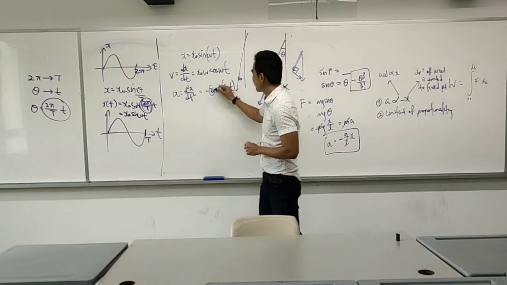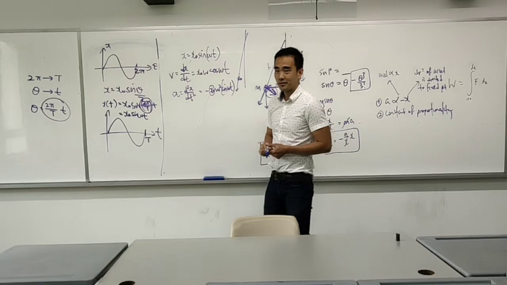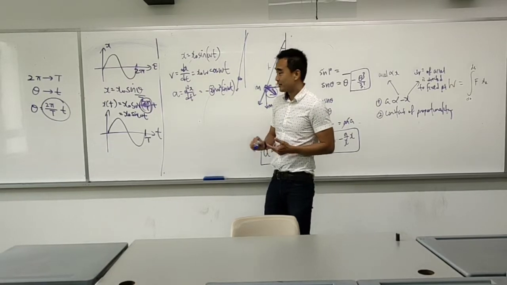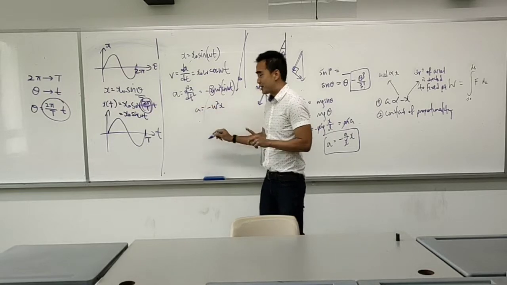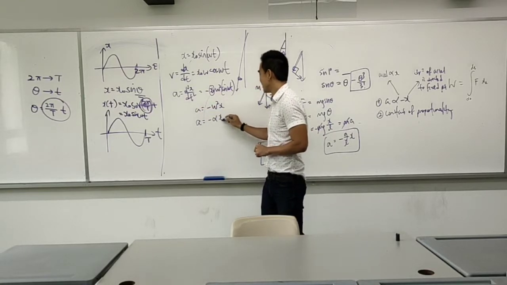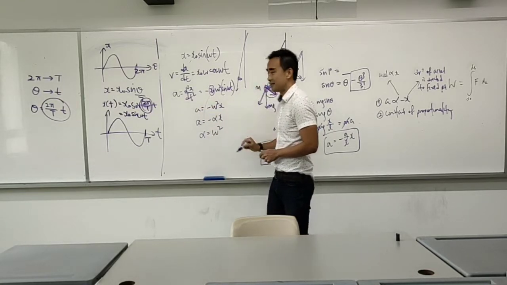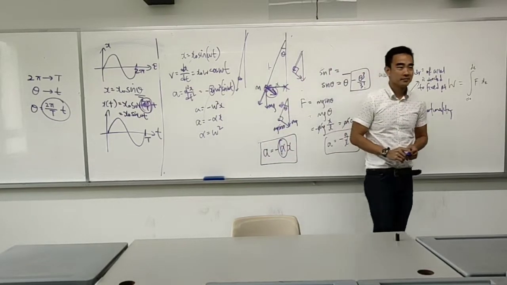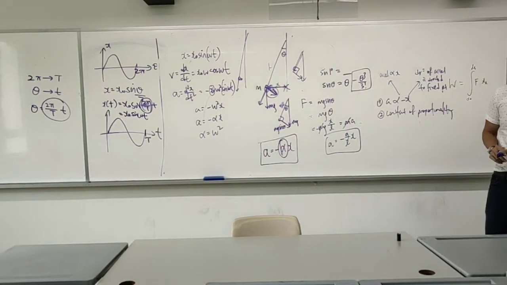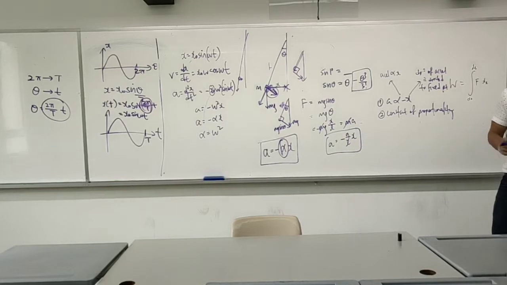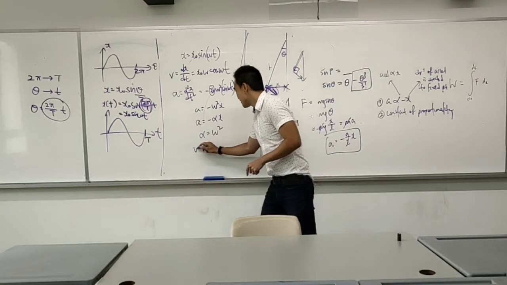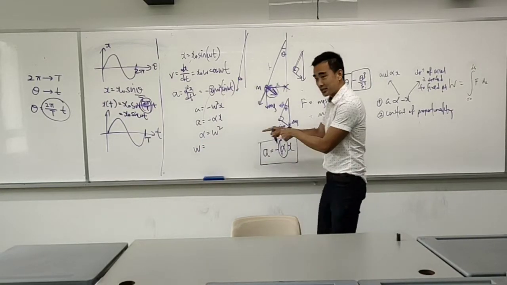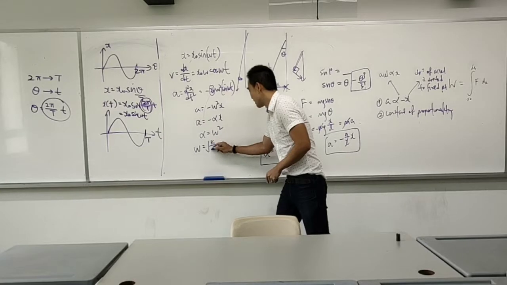Now, what is x naught sine omega t? x, exactly. So it's minus omega squared x. Can you see that if you compare it with the general form, you can deduce that the angular frequency for a spring system is actually square root of k upon m.